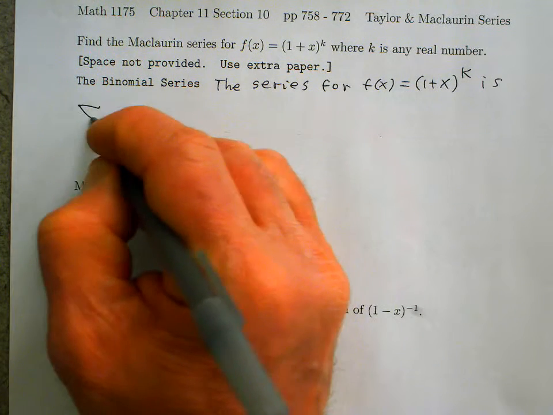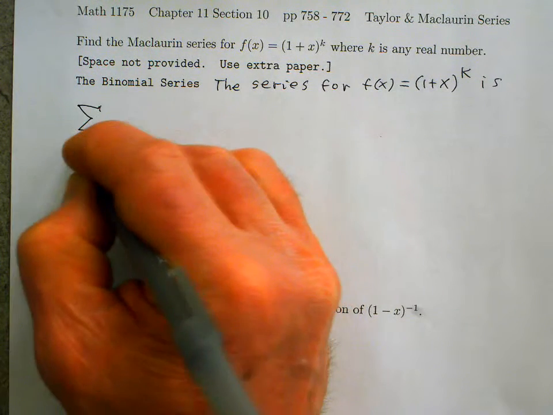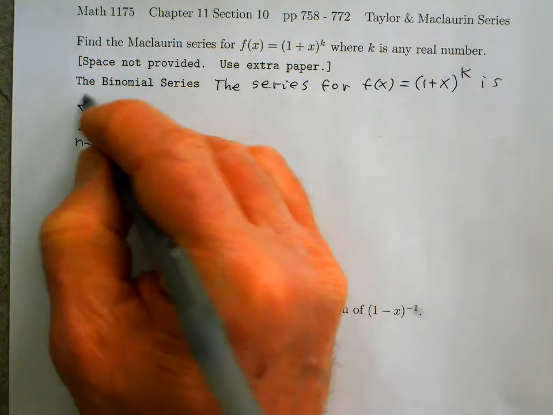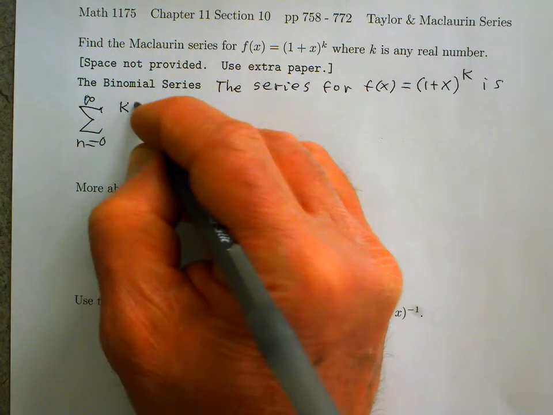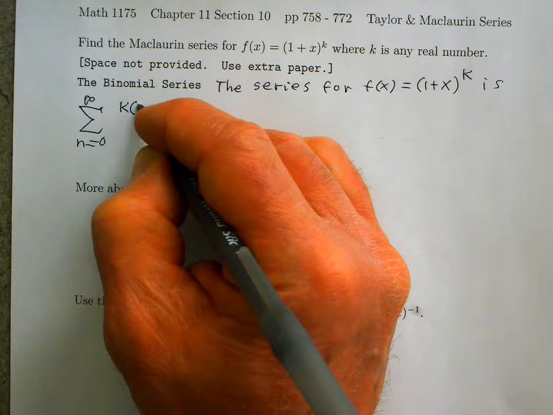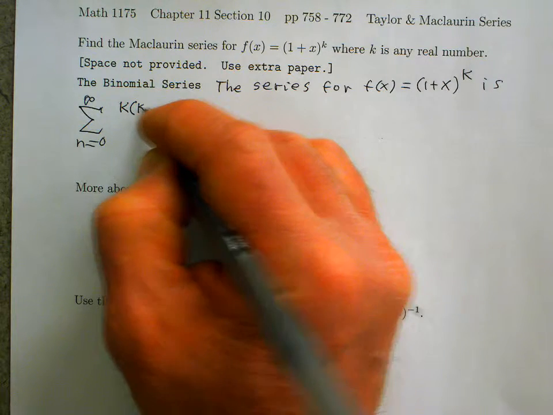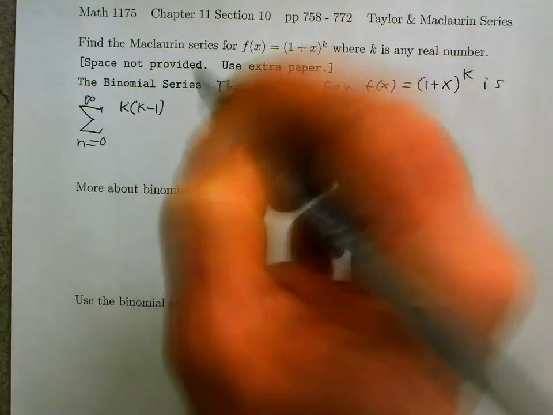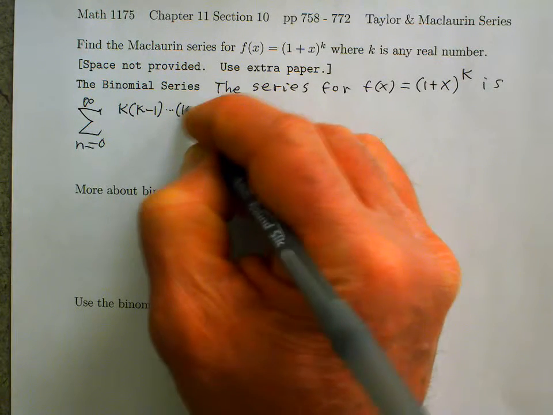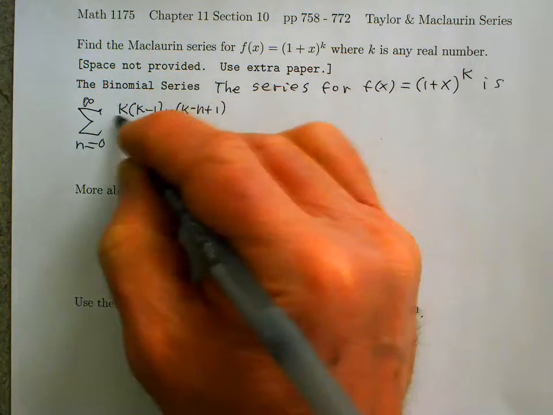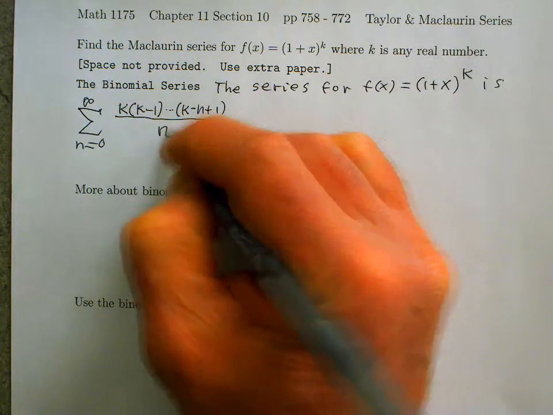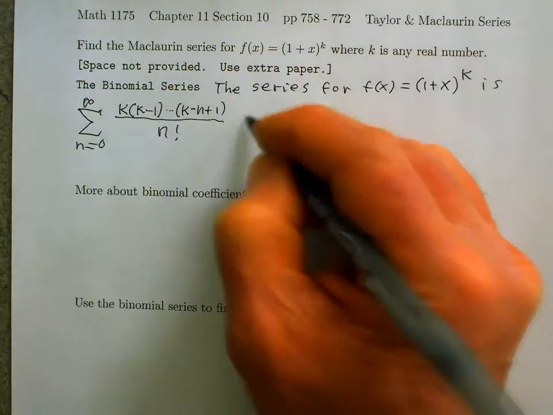Infinite series from n equals 0 to infinity. And the coefficients are k times k minus 1 times k minus 2 and so on. The last factor is k minus n plus 1 over n factorial times x to the n.